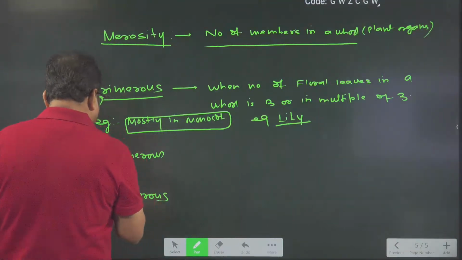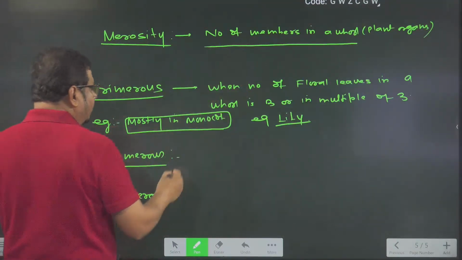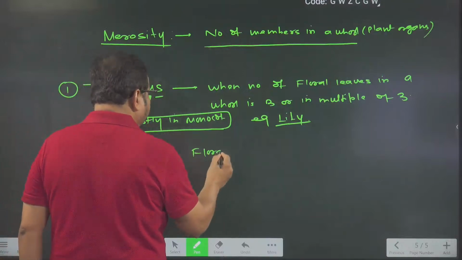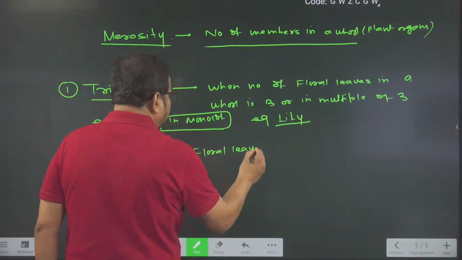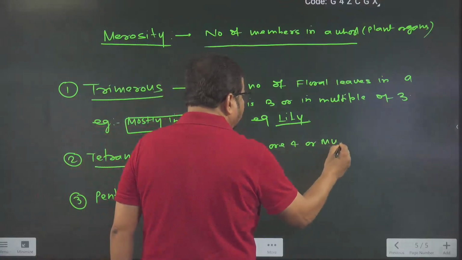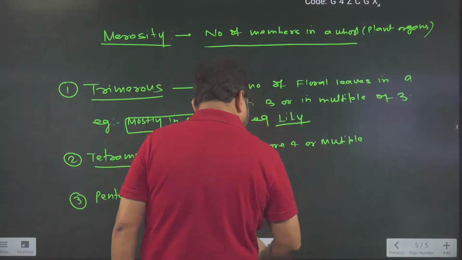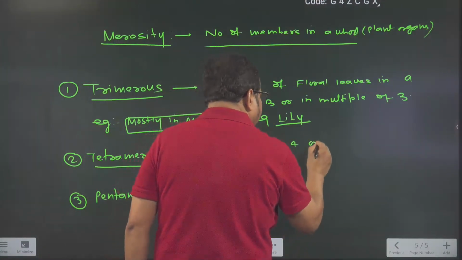Now we are coming to the tetramerous condition. Same, I am not writing that much story. Floral leaves are 4 or multiples of 4 in a whorl.